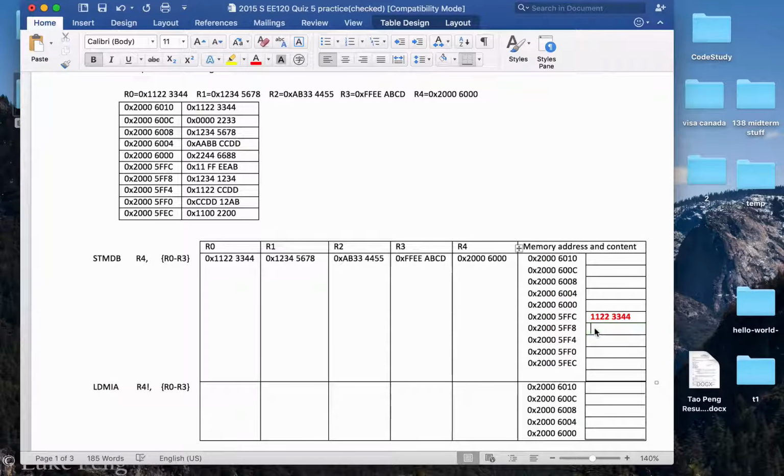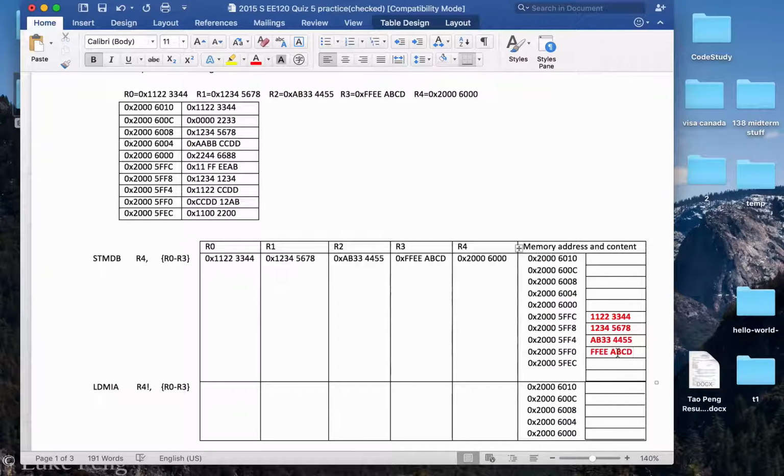So it becomes 2, 1, 2, 3, 4, 5, 6, 7, 8. Same thing here. Then I decrease to here, then I store AB334455. After that, I go here, FFEEABCD.